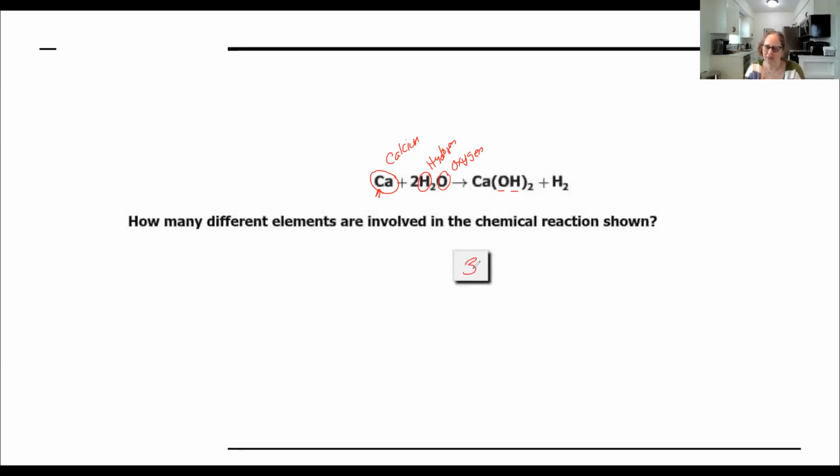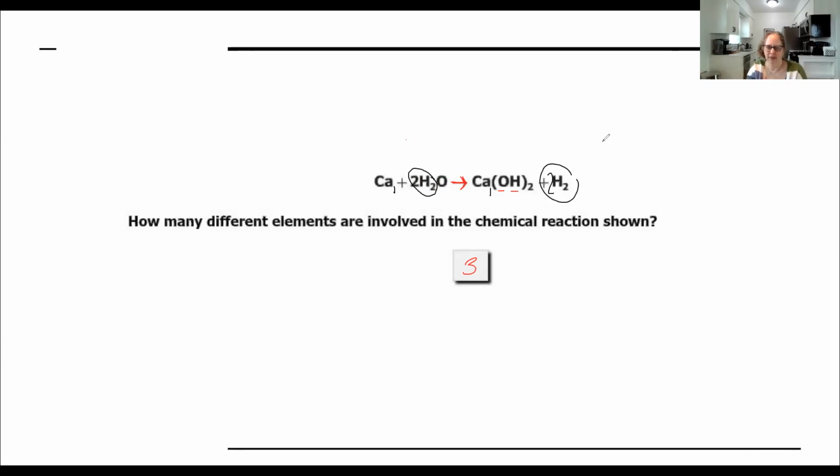That's because of conservation of mass. I can't magically create or destroy the calciums, the hydrogens, or the oxygens. So if they exist on the left side of the chemical reaction, they have to exist on the right. They also have to exist in the right amounts. 1 calcium on the left, 1 on the right. 4 hydrogens on the left, 4 hydrogens on the right.